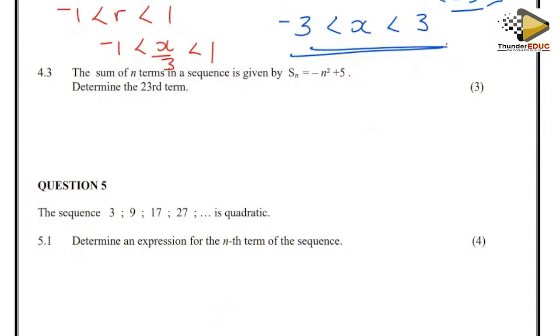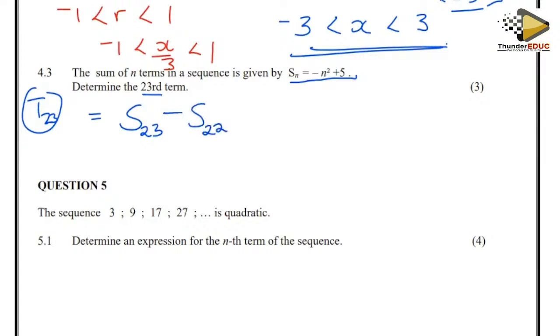4.3 They are telling us that the sum of n terms in a sequence is given by this. Then they ask us to determine the 23rd term. So T23. Remember what we said? That for us to get terms using the sum, we shall get the sum of the first 23 terms minus the sum of the first 22.